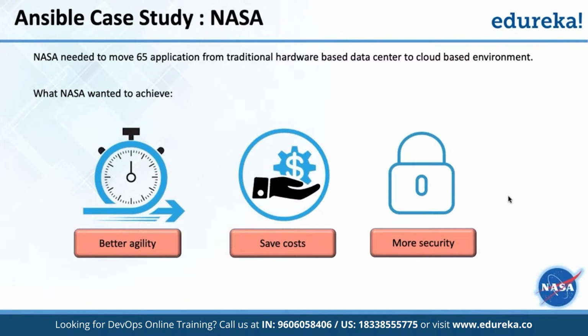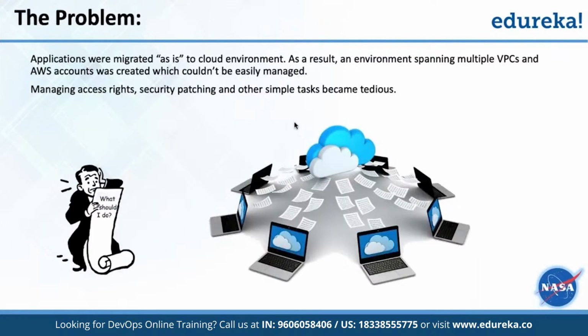They did not want to incur SSH cost, this migration cost. They wanted more security and better agility. How did NASA achieve this goal? NASA used Ansible as their one-stop shop to do the migration with more security, better access rights, and more agility.